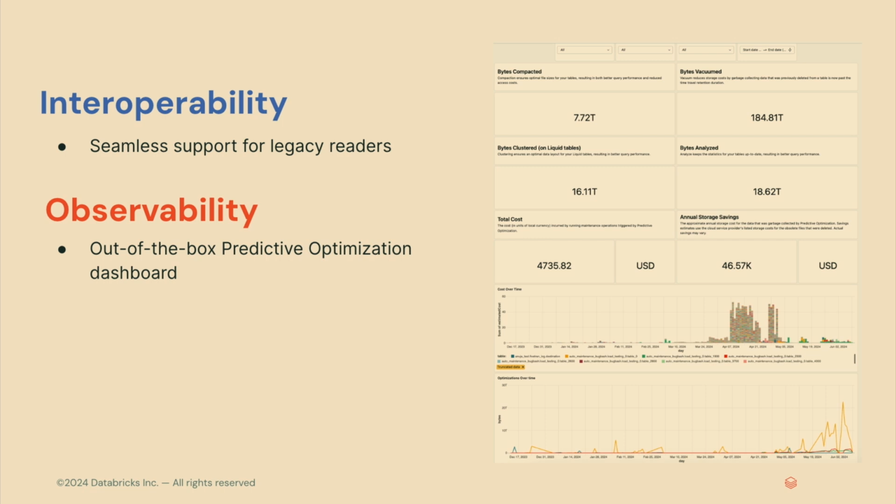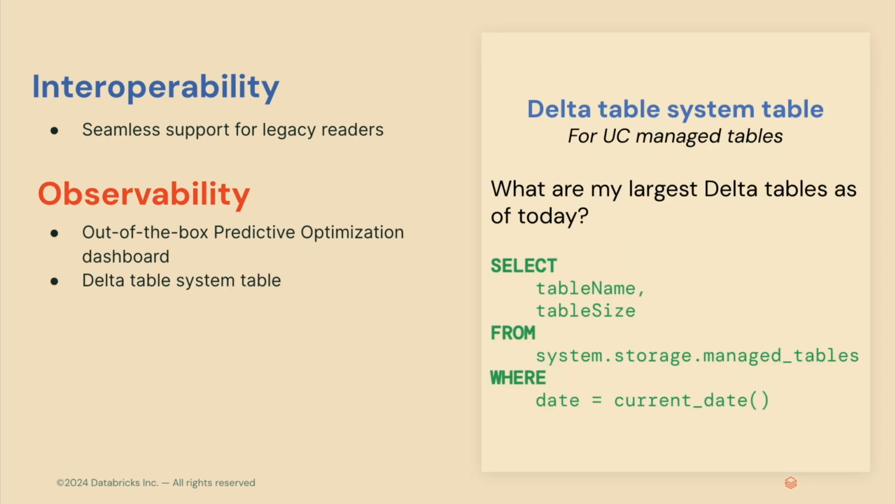One of the things we're working on that we're super excited about is an out-of-the-box dashboard built on top of that system table so you can see all that information just a little bit more easily. We're also excited to be working on a Delta table system table. So the idea here is for all your UC managed tables, we're going to generate a system table out of the box, which tells you everything you need to know about those tables without you having to go to cloud storage.